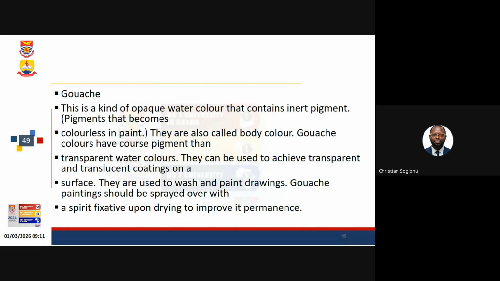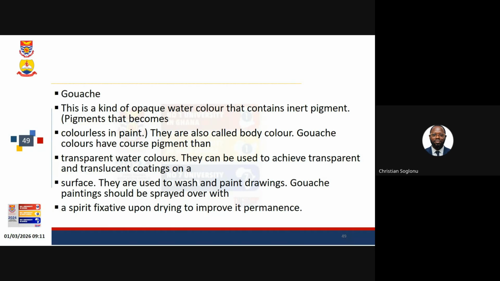Gouache have coarse pigments than transparent. You see, they are comparing both transparent and the gouache. So gouache is an opaque watercolor, and we have transparent watercolor. So either you use gouache or you use transparent watercolor.